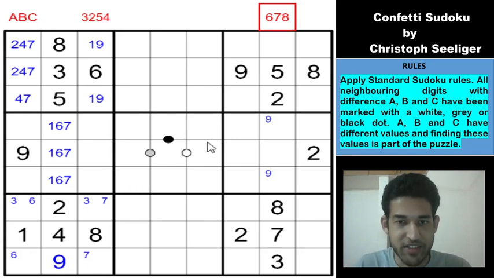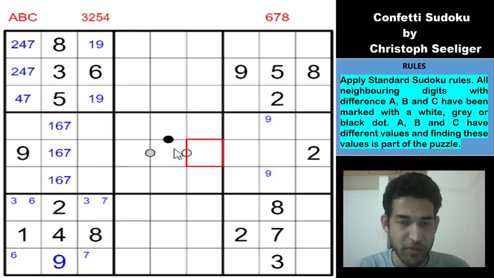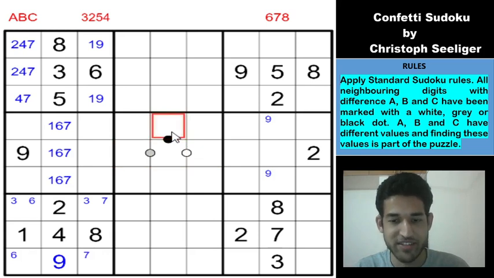right? Interesting. So now we are sure that all these 3 dots will have a difference of 6, 7 and 8 in some order. Now the deduction that you have to make further is that to have a difference of 8 we need 1 and 9, and 9 can't go into these 3 cells. These 4 cells are encompassed by these 3 dots, and 9 can't be in any of these 3 cells, which means that you need to have a 9 here.